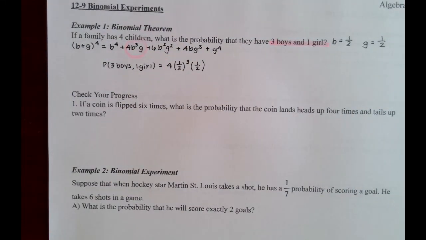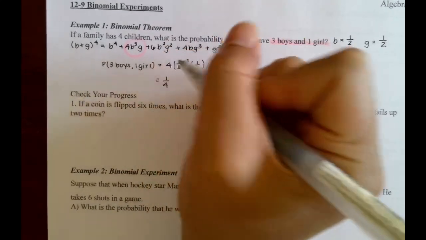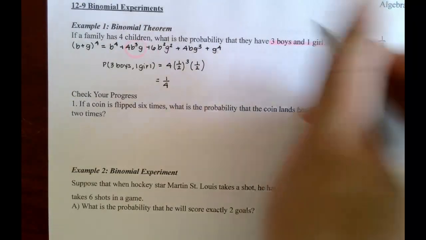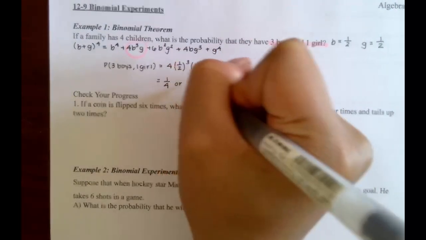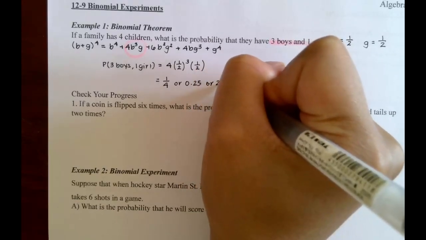So then when you multiply all of that, that becomes 1/4. So the probability that they'll have 3 boys and 1 girl is 1/4, or we know that as 0.25, or 25%.